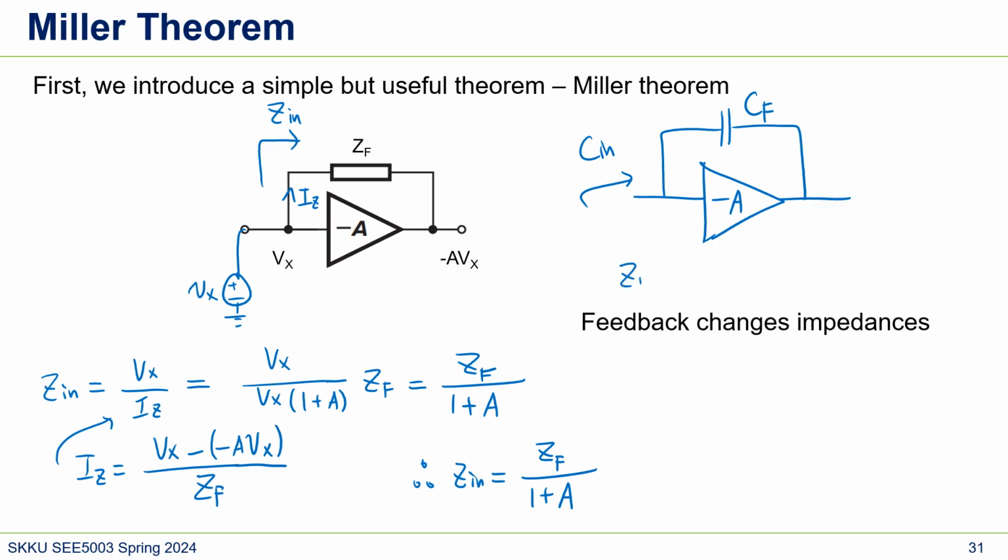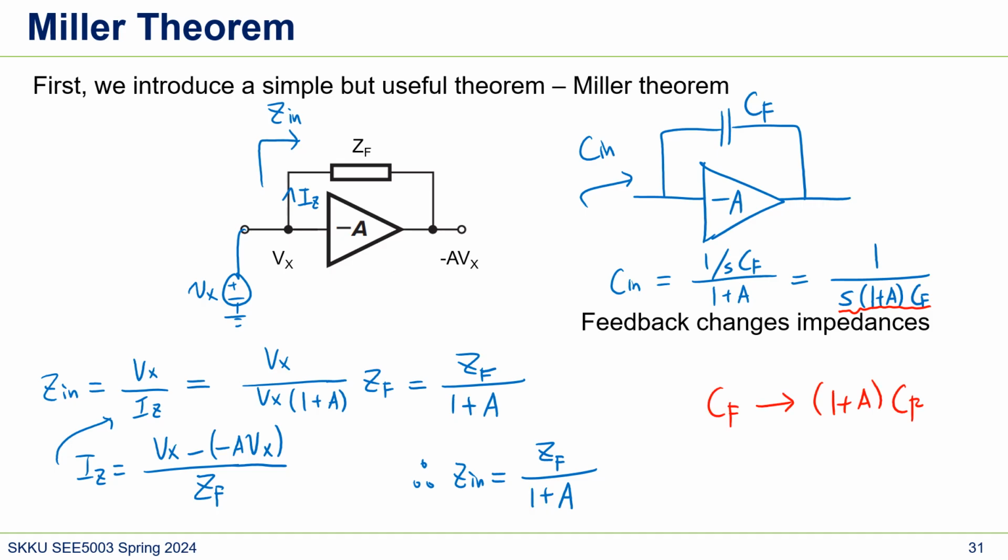C in would be 1 over S CF, divided by 1 plus A. It becomes 1 over S times 1 plus A times CF. So what happens? CF becomes 1 plus A times CF. So it becomes larger by this. So we see a larger cap.